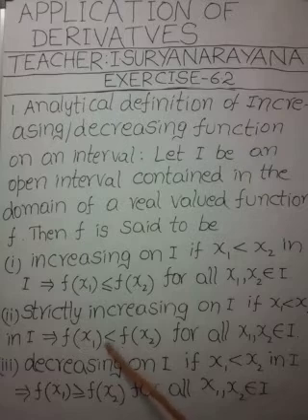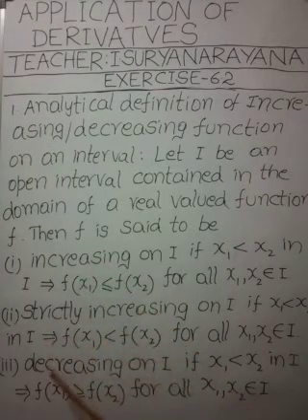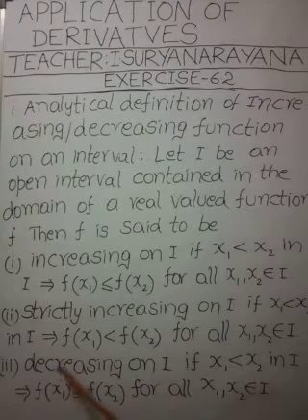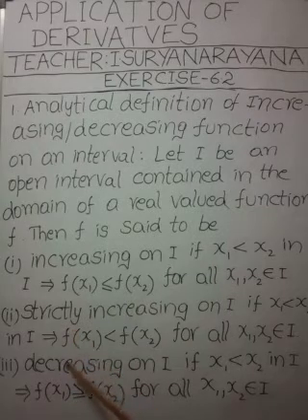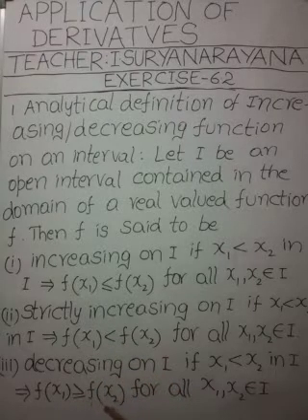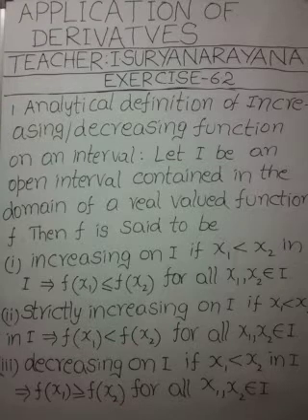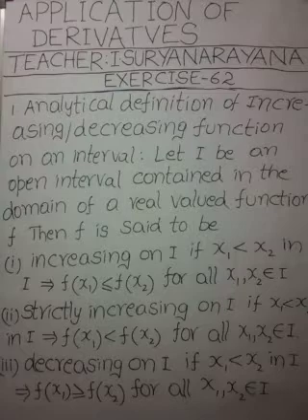Here less than symbol is there, here less than or equal to, it's opposite. Here increasing. What is the opposite word for increasing? Decreasing. So we take its reverse direction. So f of x1 greater than or equal to f of x2. Then the function is said to be decreasing on the interval I.